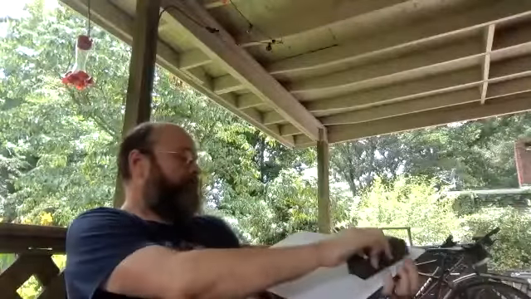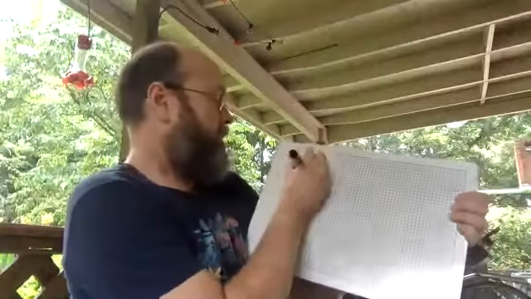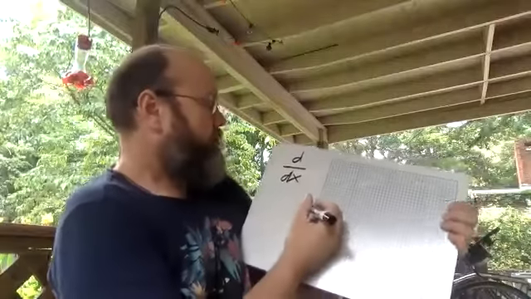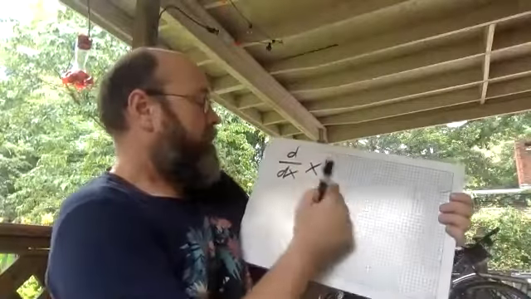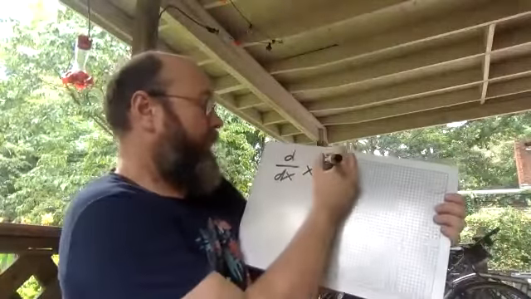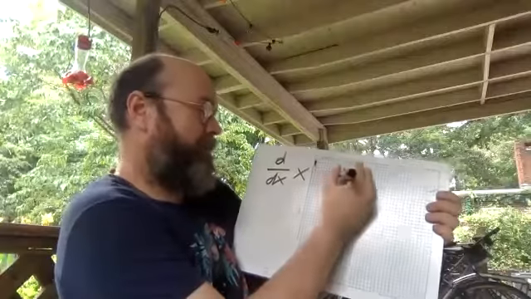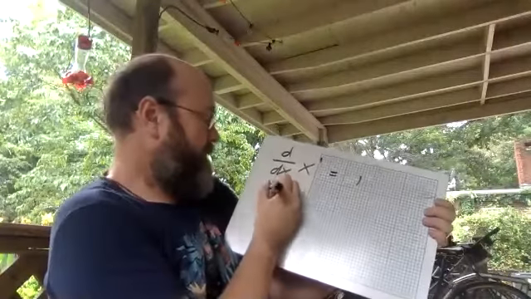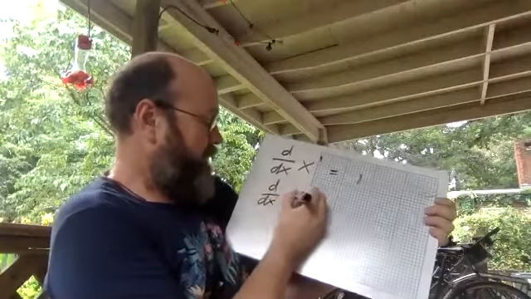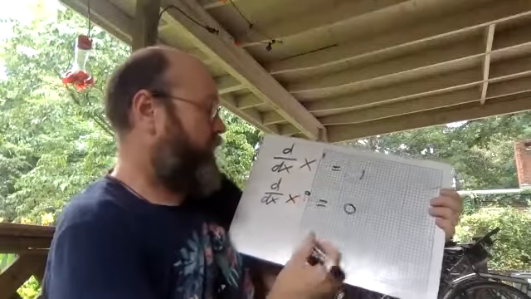It turns out, remembering that the derivative has to do with the rate of growth, okay? So the rate of growth of x to the 1 power is 1. The rate of growth of x to the 0 power is 0, all right?